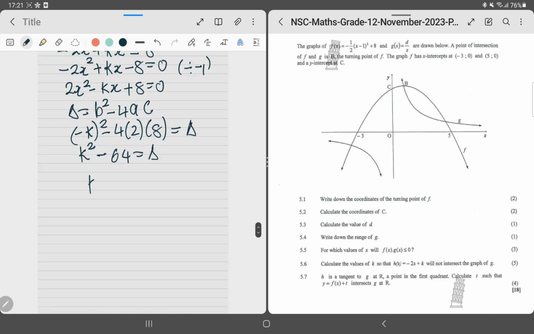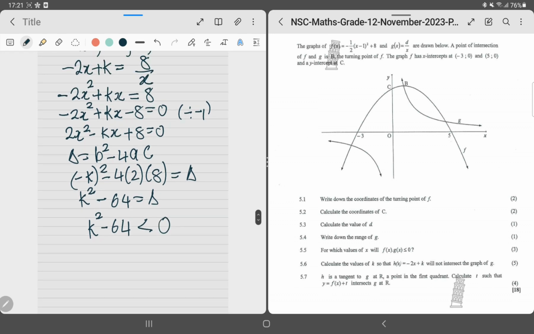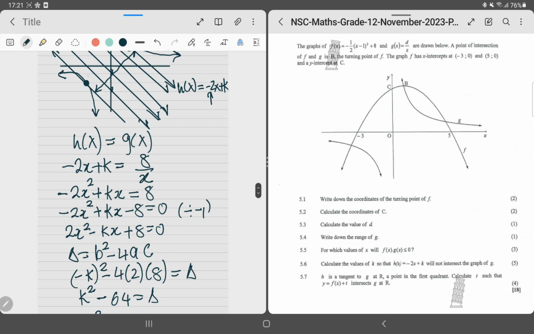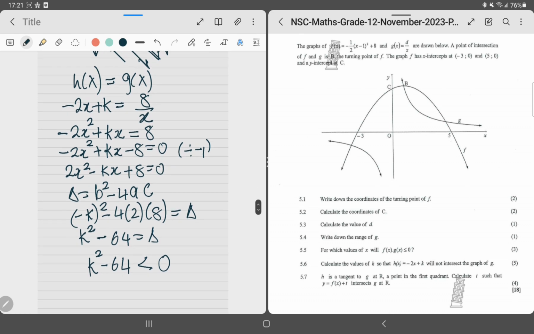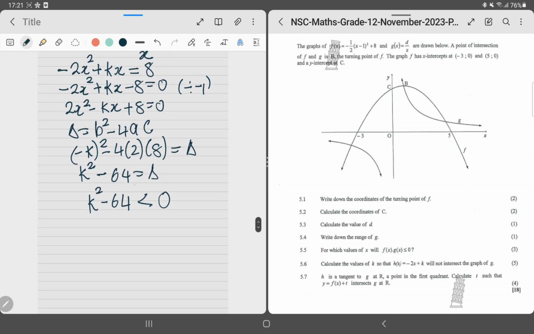So k squared minus 64 is less than 0, because it shouldn't touch. If at the point of intersection the two graphs are equal, meaning that if we equate this to 0, we are saying that the two graphs are equal, but we are looking for the point where the two graphs do not touch.